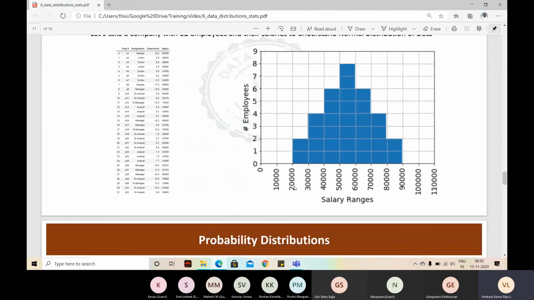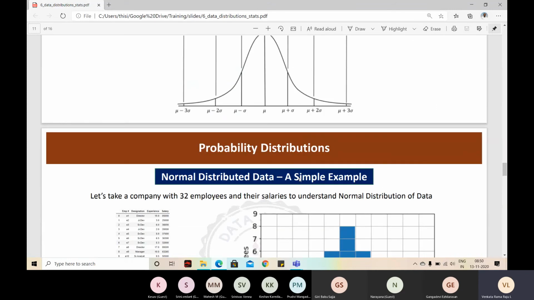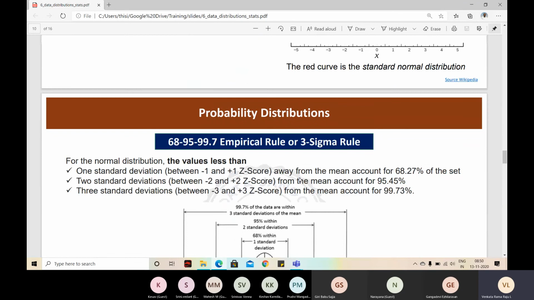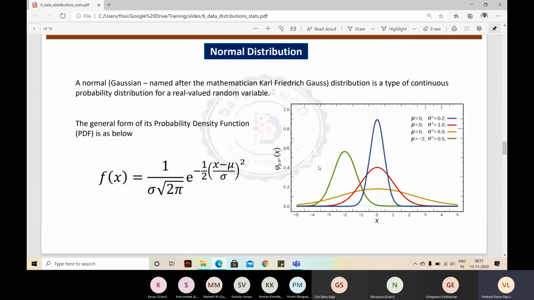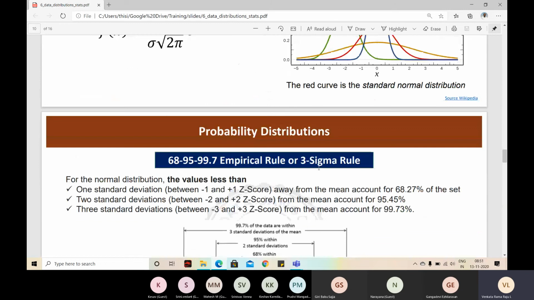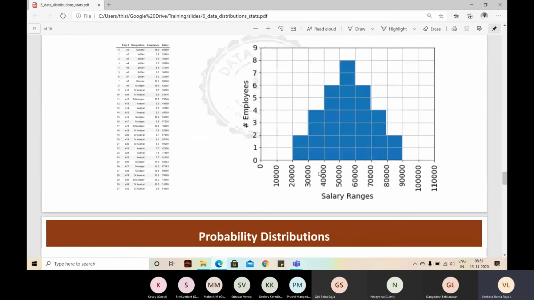So on the x-axis, I have taken ranges rather than categorical values. If you look at this graph, x equal to 0, x equal to 1, x equal to 2, those are values. But here, these are ranges. From 10,000 to 20,000, how many?